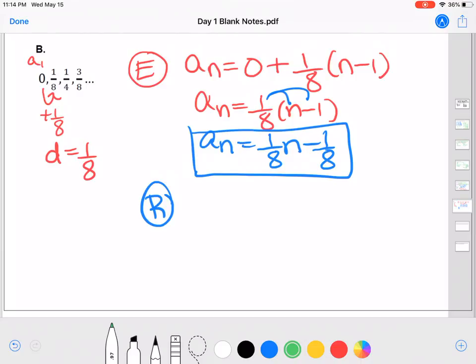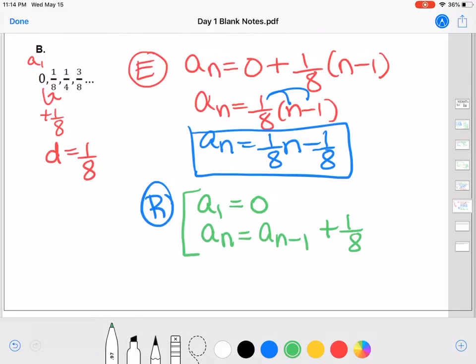Recursive is the two parts again. So a sub 1 equals the first term. You always have to give the first term. And then to get a sub 2 or anything higher, you would do a sub n equals a sub n minus 1, and then you always want to put plus your difference. In this case, it's going to be plus 1/8 because you're adding 1/8.